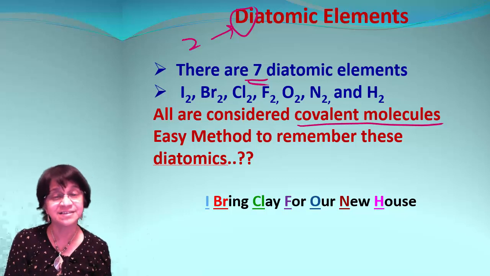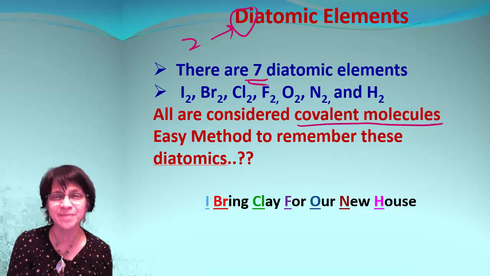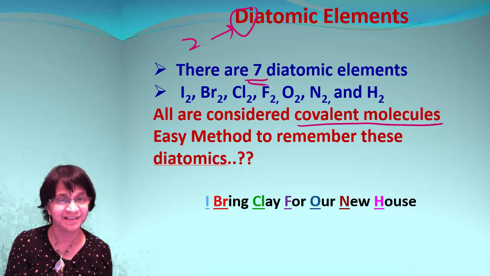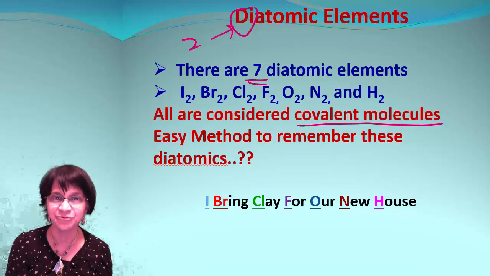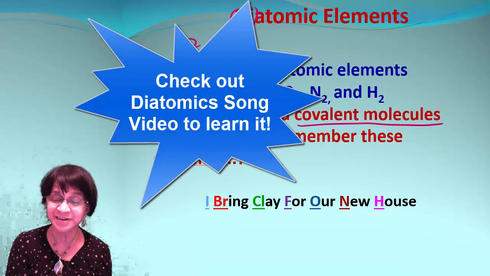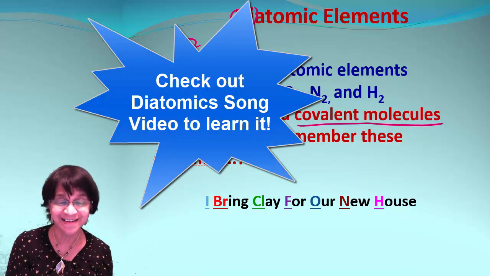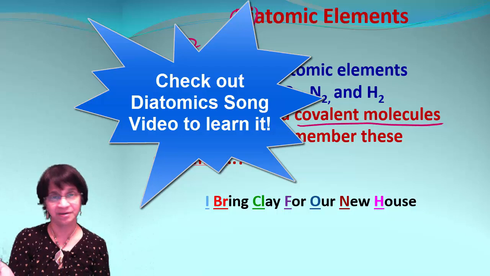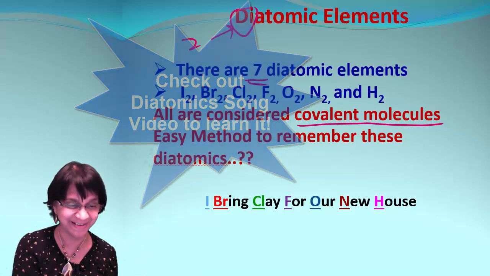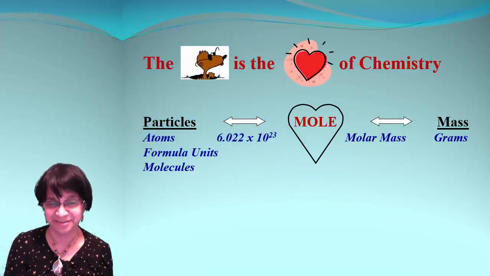How can you remember these 7 elements in an easy way? Here is the trick: I bring clay for our new house. It doesn't matter which way you remember. The mole is always the heart of chemistry.